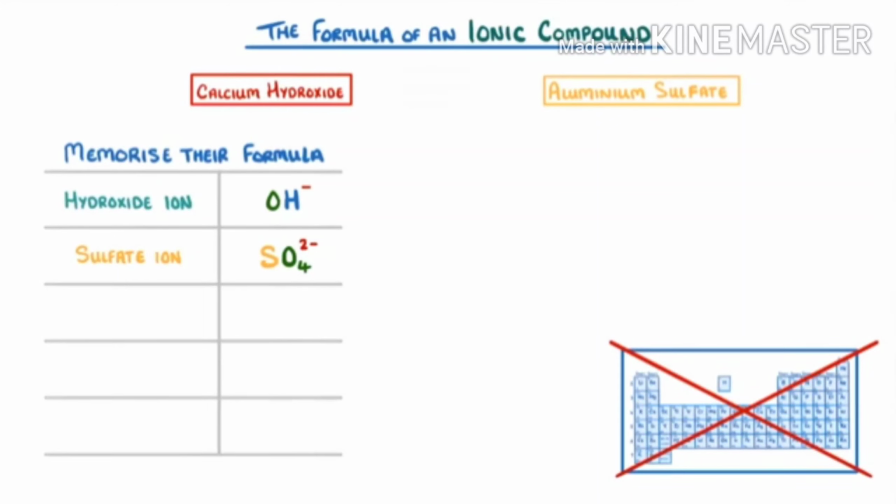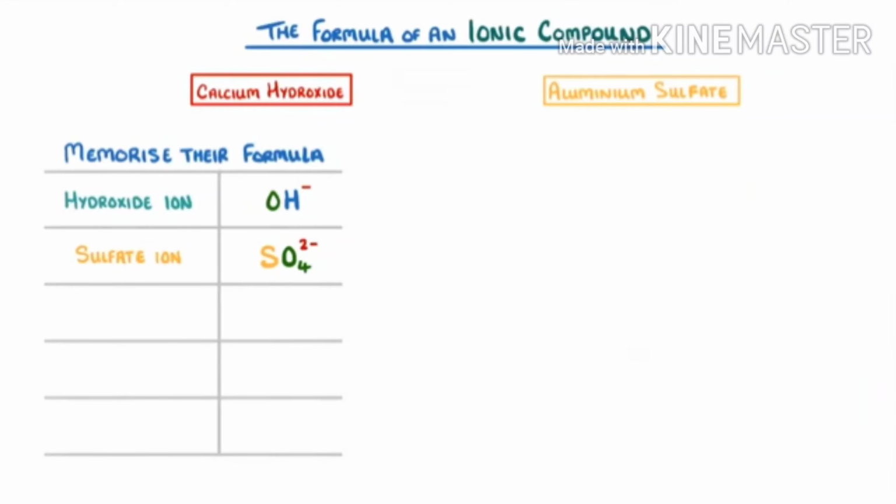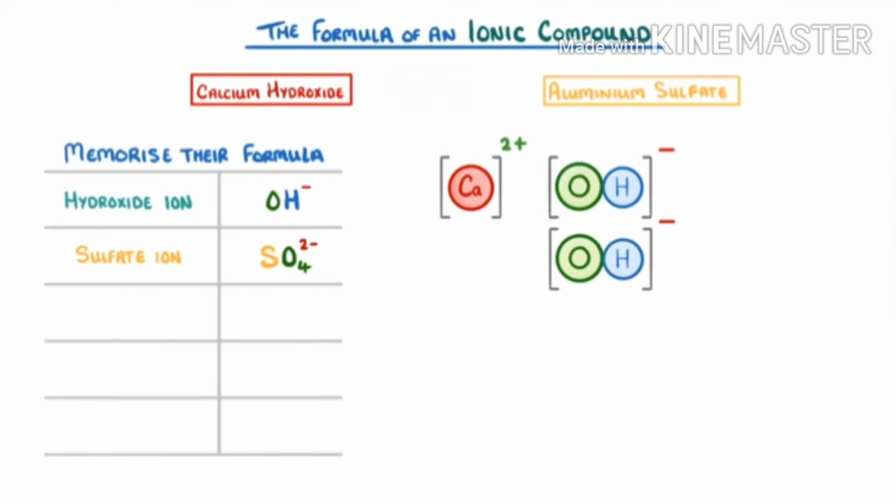For example, the symbol of hydroxide ion is OH and the symbol for sulfate ion is SO4 2 negative. When calcium combines with hydroxide, to balance 2 unit positive charge we need 2 negative charge. So its formula is Ca(OH)2.